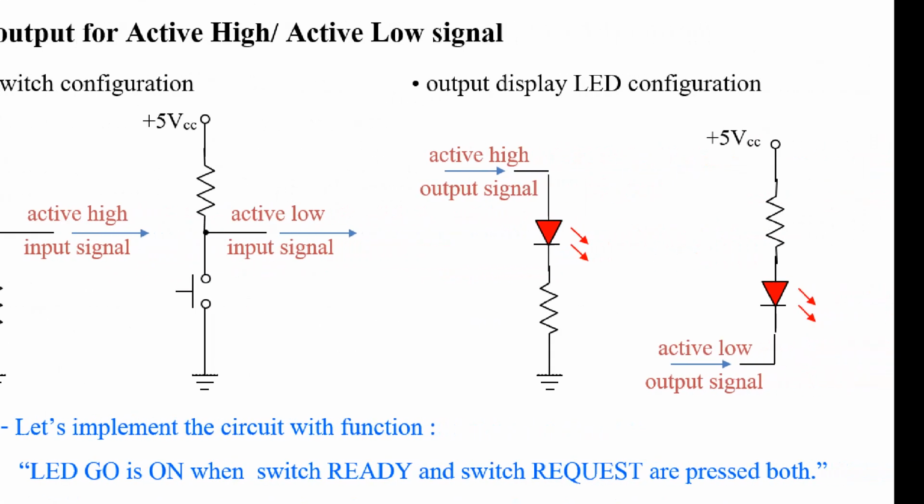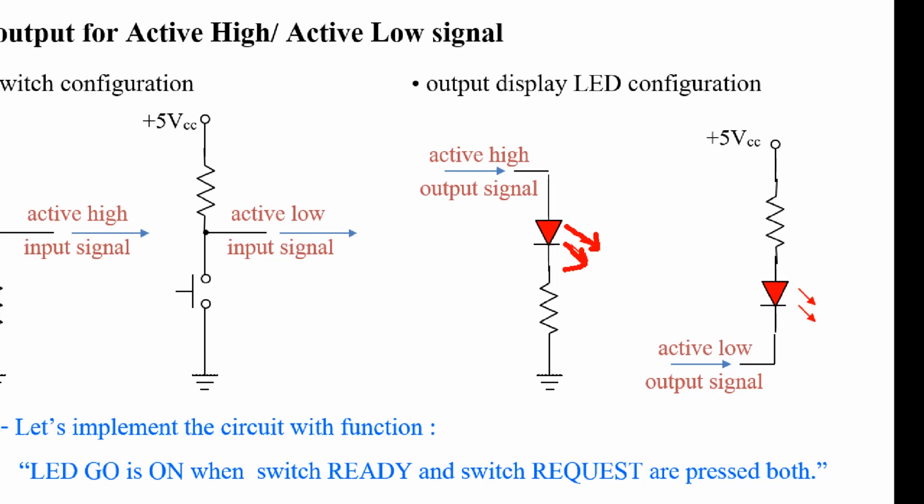For the output, the basic element is the LED. Actually, it is one kind of diode. When current flows through this LED, it will be turned on and emit some light.